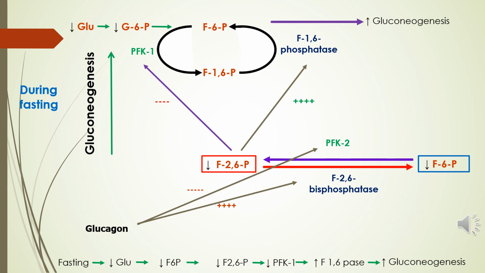So the sequence of events that occurs during the fed state: when there is increased glucose uptake by cells, glycolysis is activated and there is increased concentration of fructose 6 phosphate, followed by increased production of fructose 2,6 bisphosphate, which stimulates the phosphofructokinase 1 and reduces the activity of fructose 1,6 bisphosphatase, and consequently the whole process of glycolysis is activated.